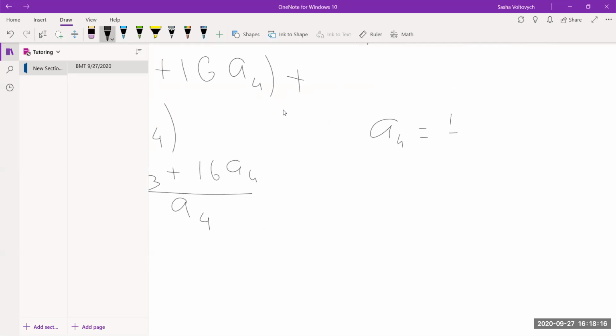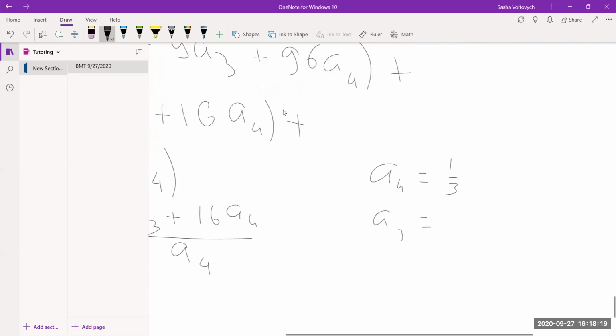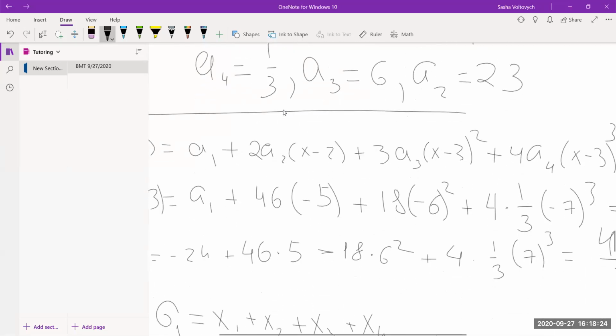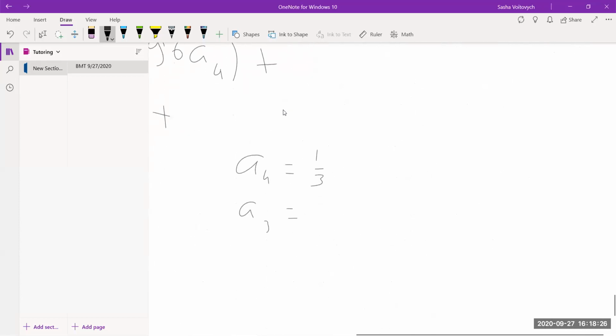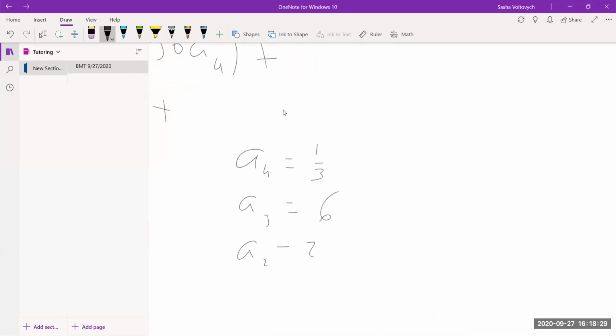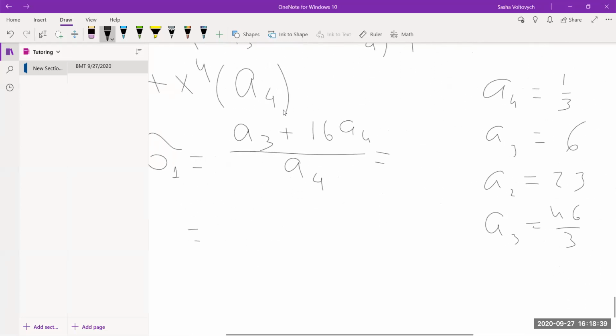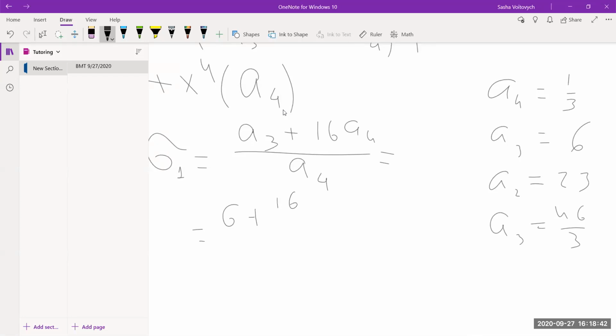A4 we know is equal to 1/3. A3 is equal to 6, A2 is 23, and A1 is 46 over 3. So this guy is going to be equal to 6 plus 16 over 3 over 1/3. So 18 plus 16 is going to be 34. All right.